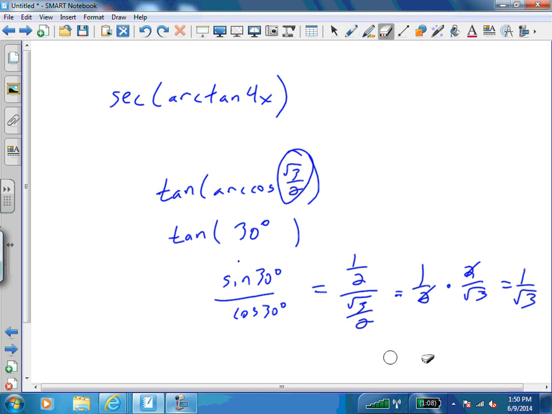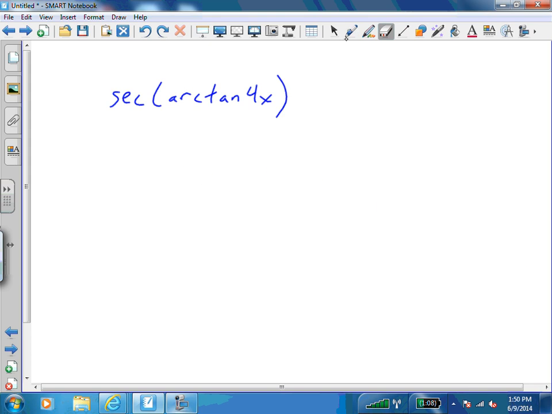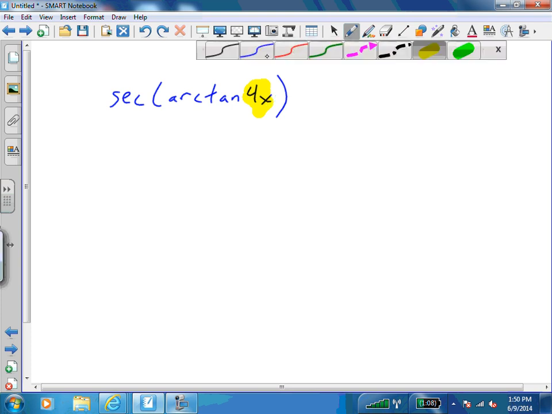But here, we're given an expression in place of our ratio, and we want to simplify this expression and come up with some kind of algebraic description of what our solutions are. So let's look at this inside piece.